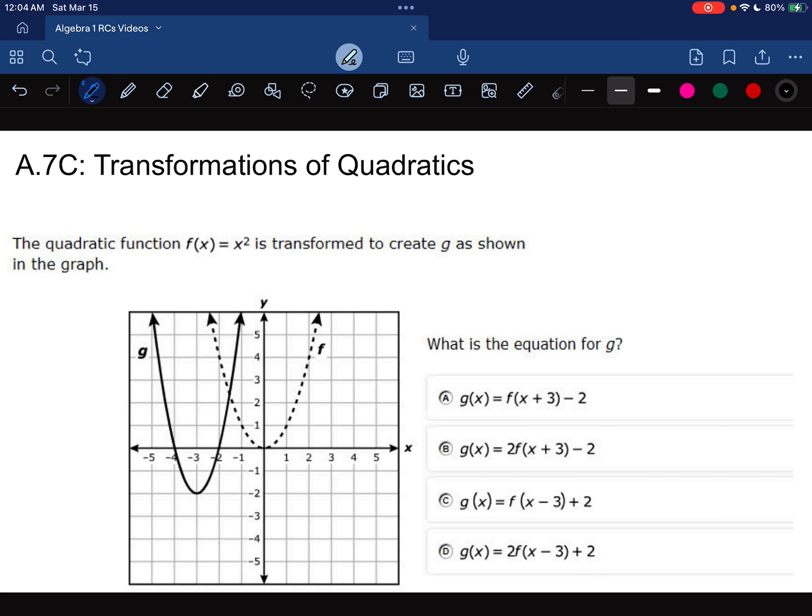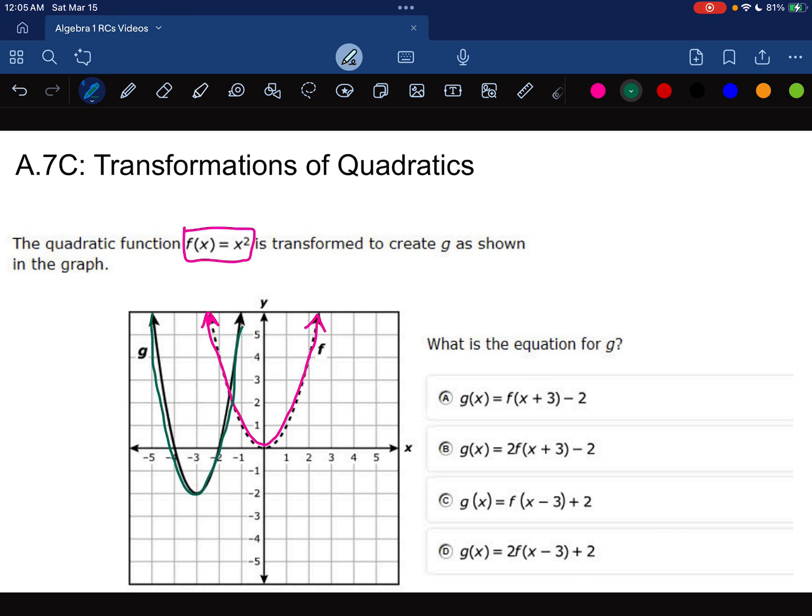So again, f of x, I'm going to shade it in a color or trace it over in a color. Is my pink one. The transformed one is this one right here.